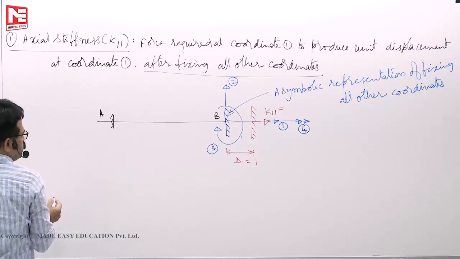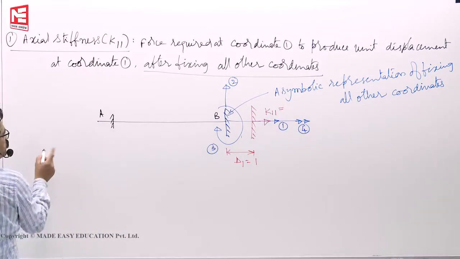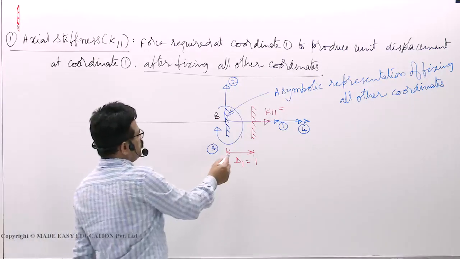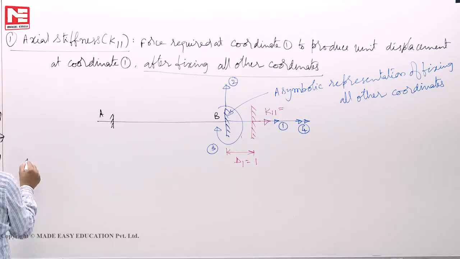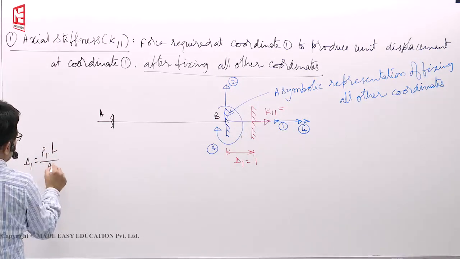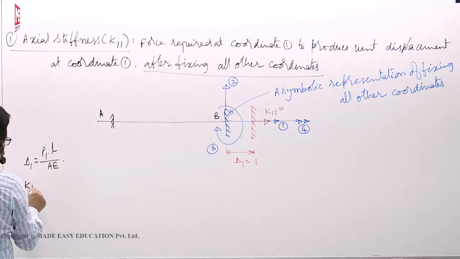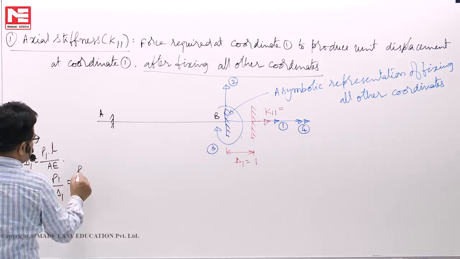Now you see K11 if you want it, what will happen? K11 is nothing but for delta 1 equal to 1. For delta 1, force is how much? Delta 1 is nothing but P1 into L by AE. K11 means force required per unit displacement, P1 by delta 1.